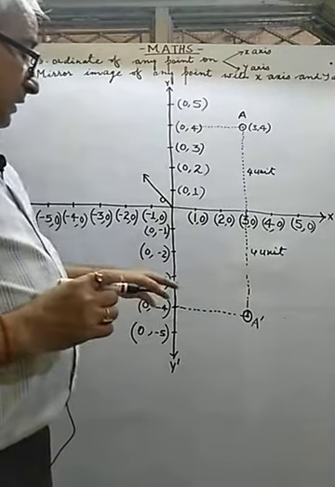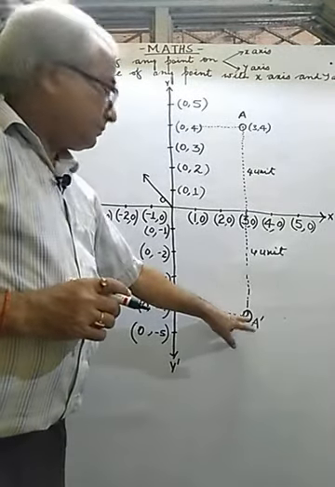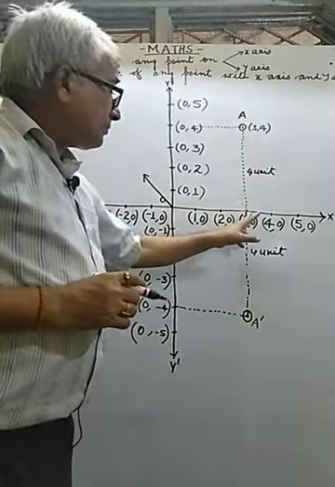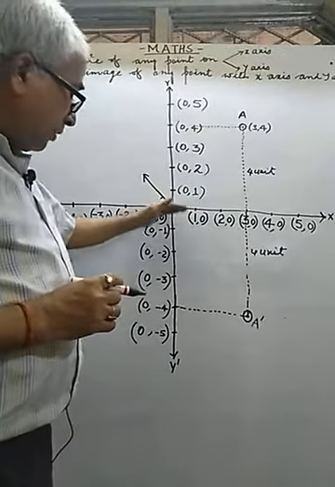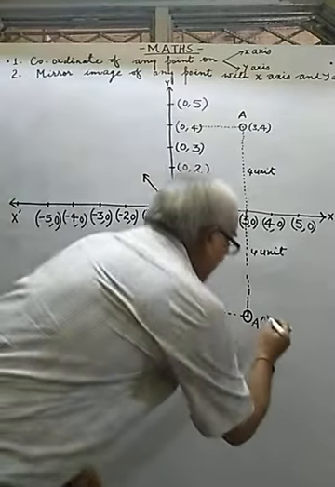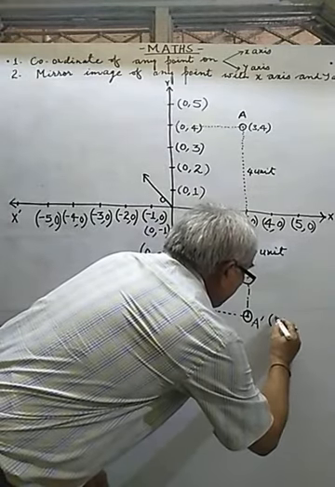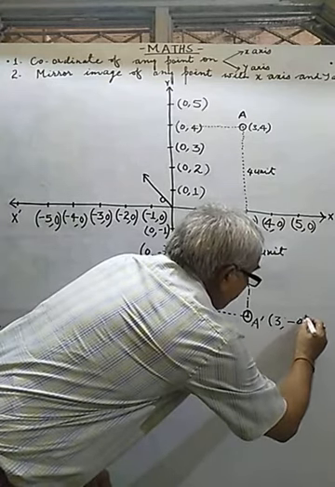Now see, at this point, what is the value of abscissa? It is 3 units. And what is the value of ordinate? It is -4. It means firstly abscissa is 3, and then ordinate is -4, so (3, -4).